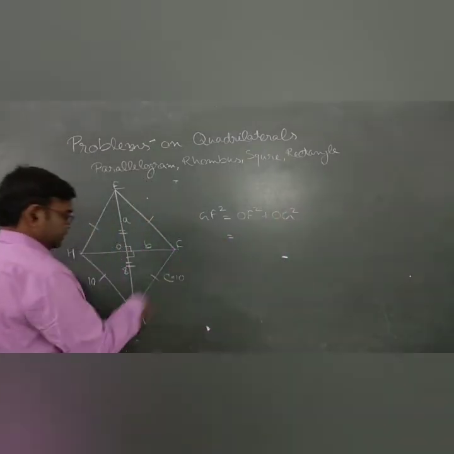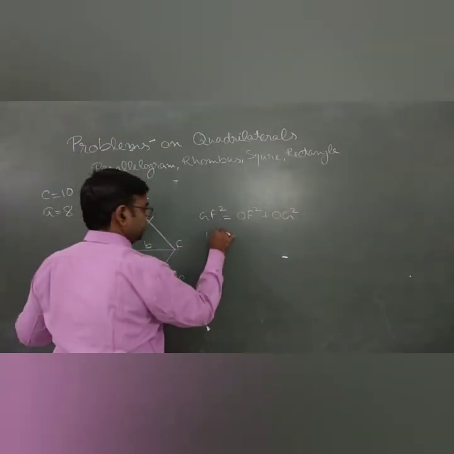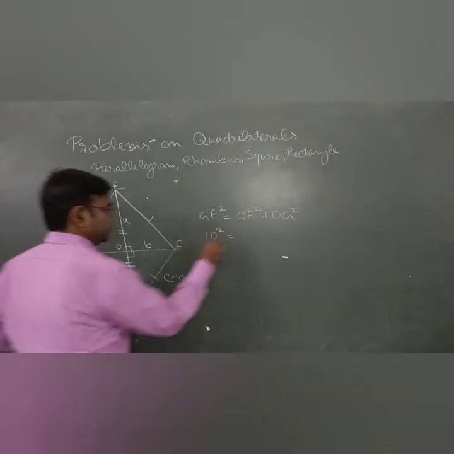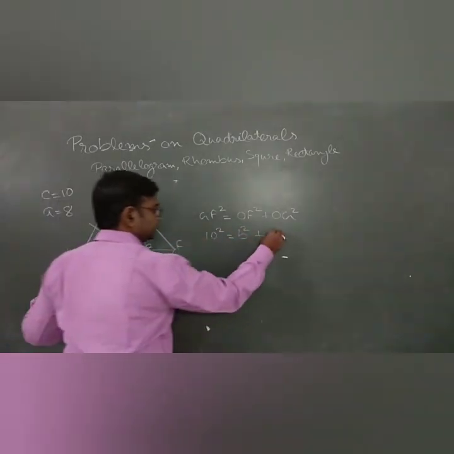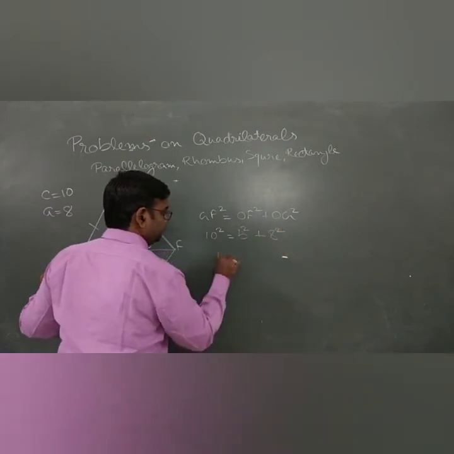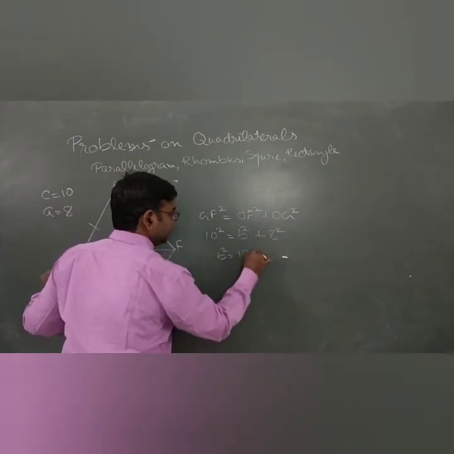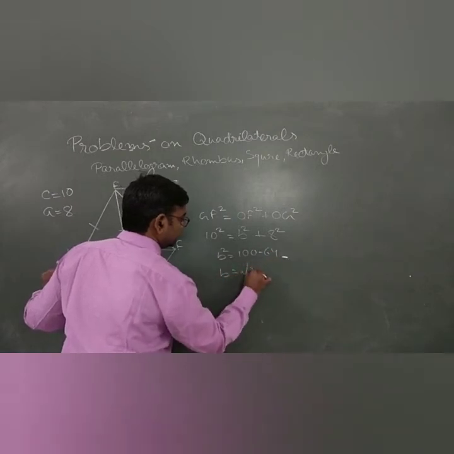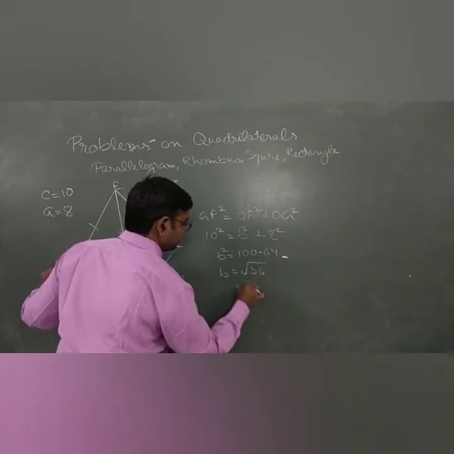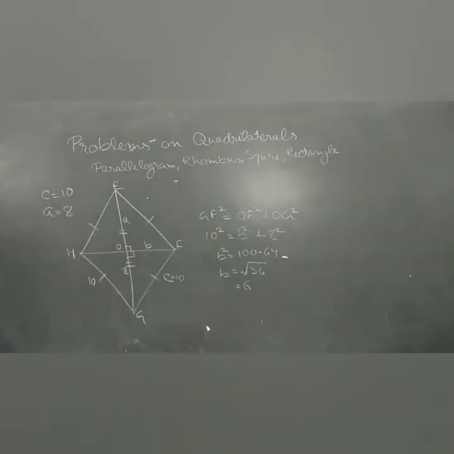And in this case, GF is given, it's 10 square. OF is not given, it's B square. And OG is given, it's 8 square. So B square equals 100 minus 64. B equals under root 36. That is your 6. Hope you can easily understand this one. So move to the next one.